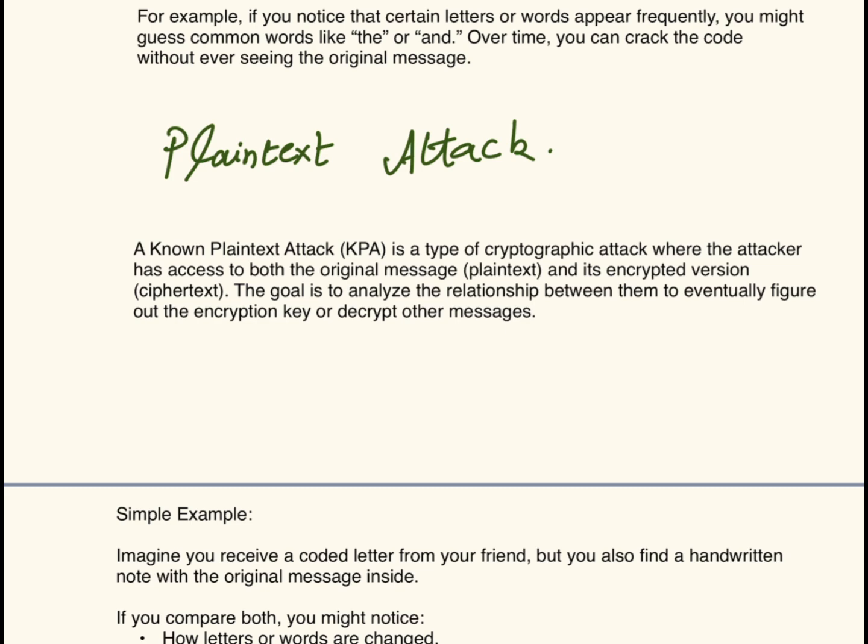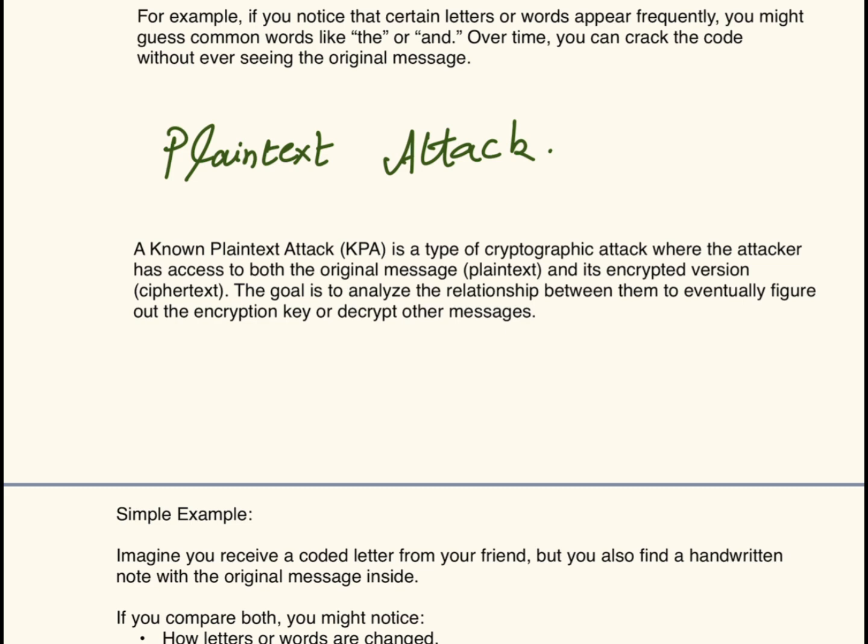It is more or less the same as the ciphertext only attack. In that attack also, attackers try frequency analysis and try to find patterns. Here the attacker has plain text as well as ciphertext and tries to find the patterns to predict new ciphertext or to find the encryption key.